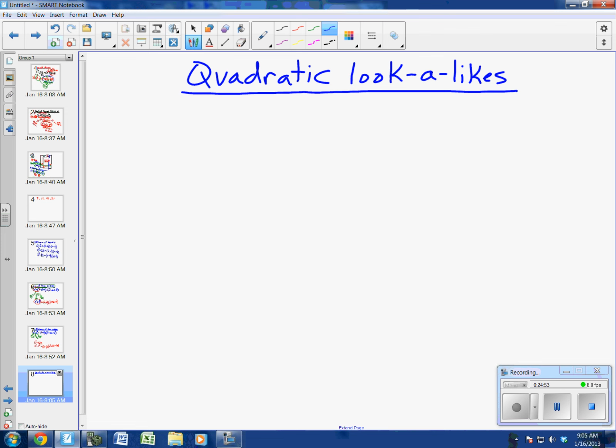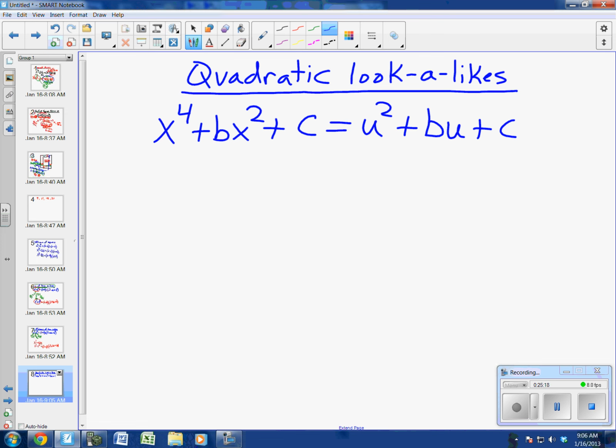The formula looks like this: x to the 4th plus bx squared plus c equals u squared plus bu plus c, and that is if x squared equals u.